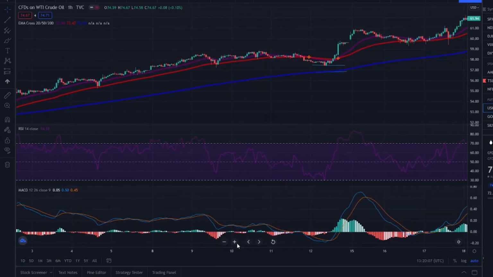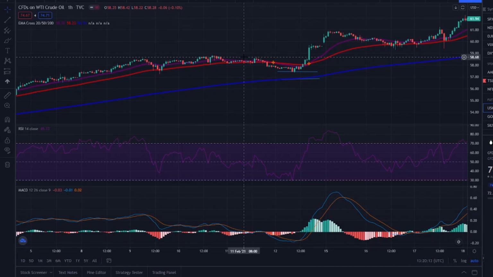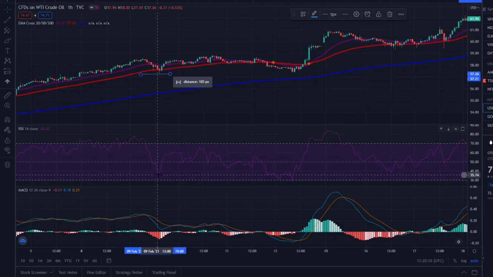So this is what you want to look for: the half upper eye and these spaces narrowing, the 200 EMA and the lowest point, and the 20 and 50 EMA. At the same time, we are seeing the lowest point being formed, which is also when the RSI was pretty low.